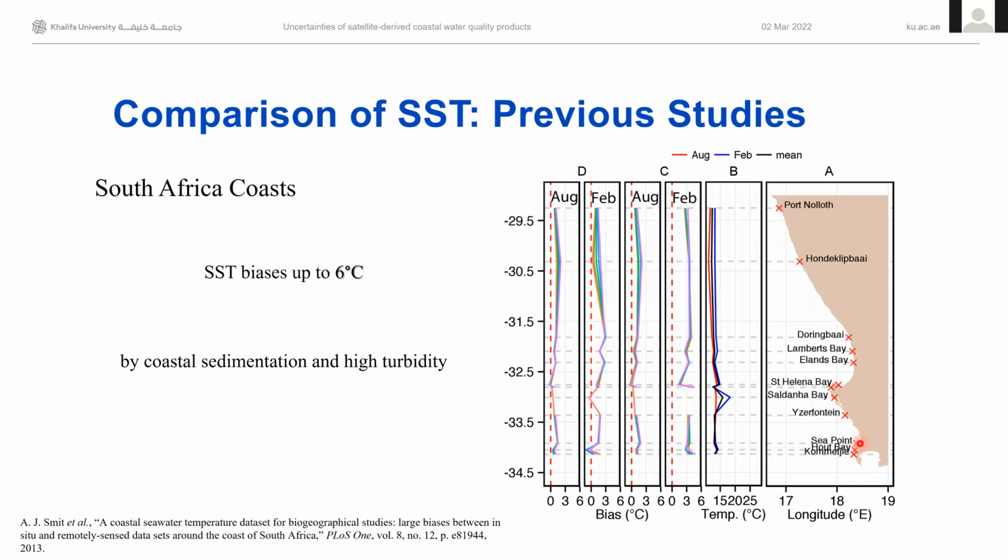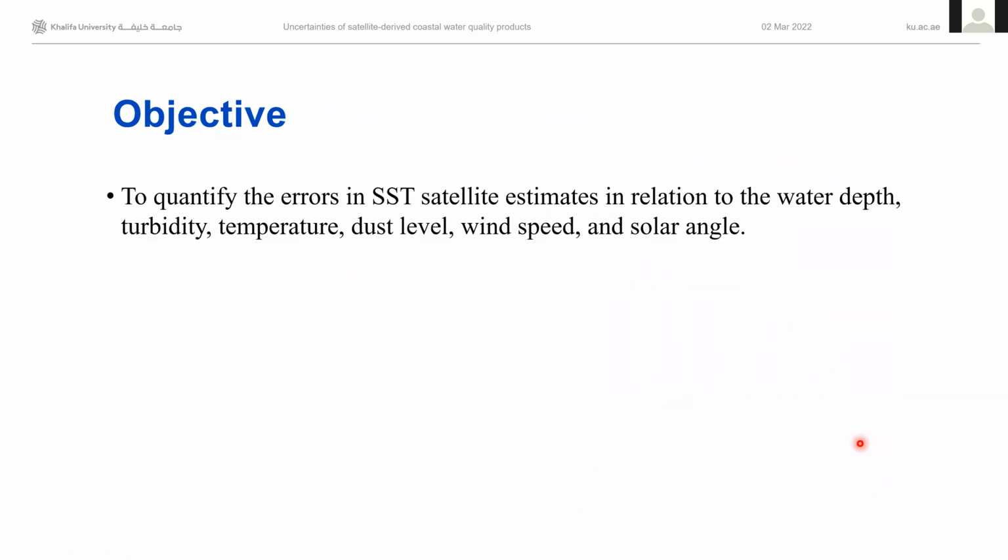So to continue the efforts of comparing and assessing the SST from the satellite, the objective is to quantify the error of satellite SST in relation to water depth, turbidity, temperature, dust level, wind speed, and solar angle. In this presentation, I'm showing you a case study for only the Arabian Gulf.